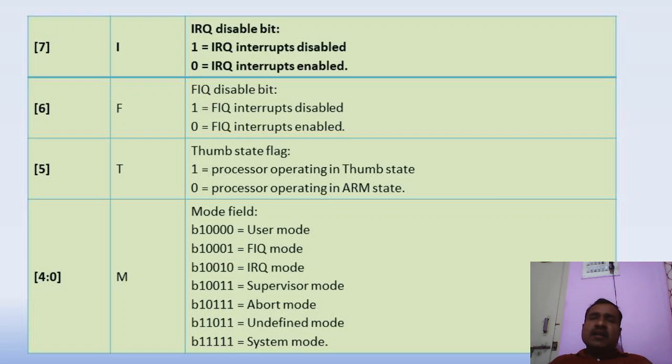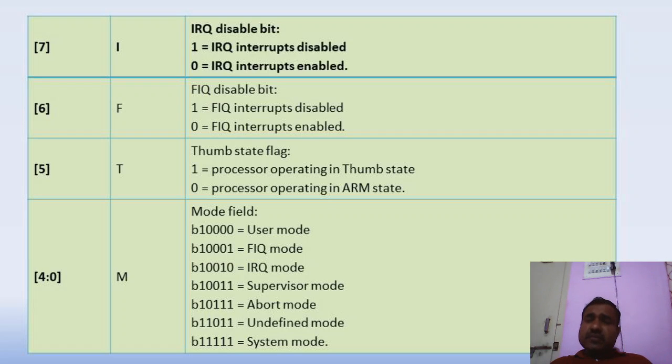Similarly, the sixth bit in the CPSR stands for F, that is the FIQ disable bit or FIQ mask bit. If this bit is 1, it disables the FIQ, fast interrupt request, and if it is 0, it enables the FIQs.